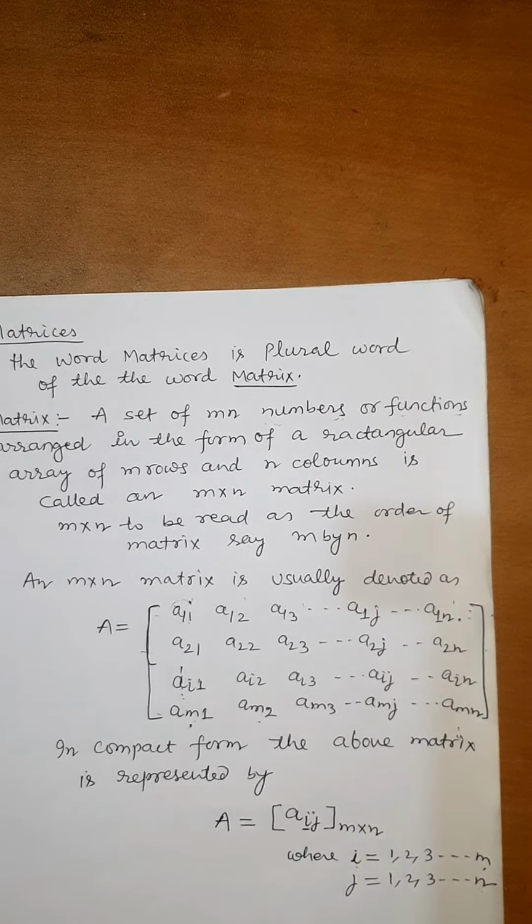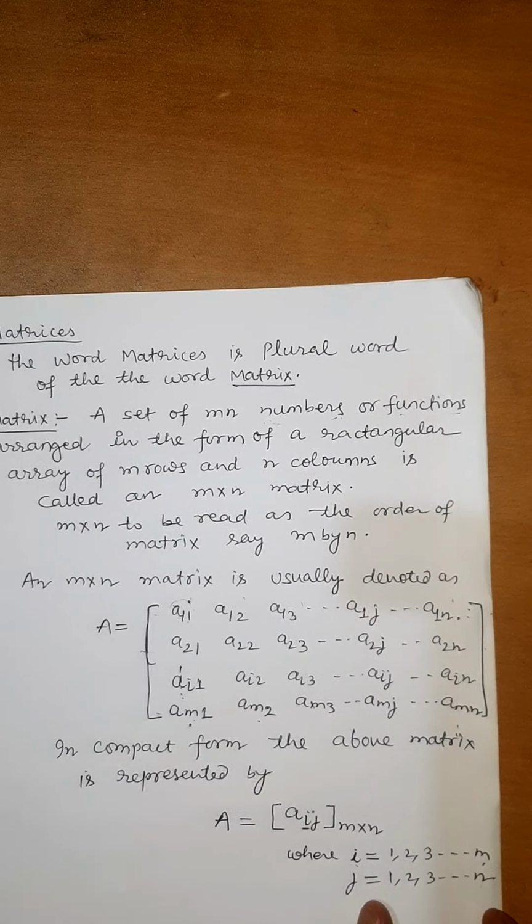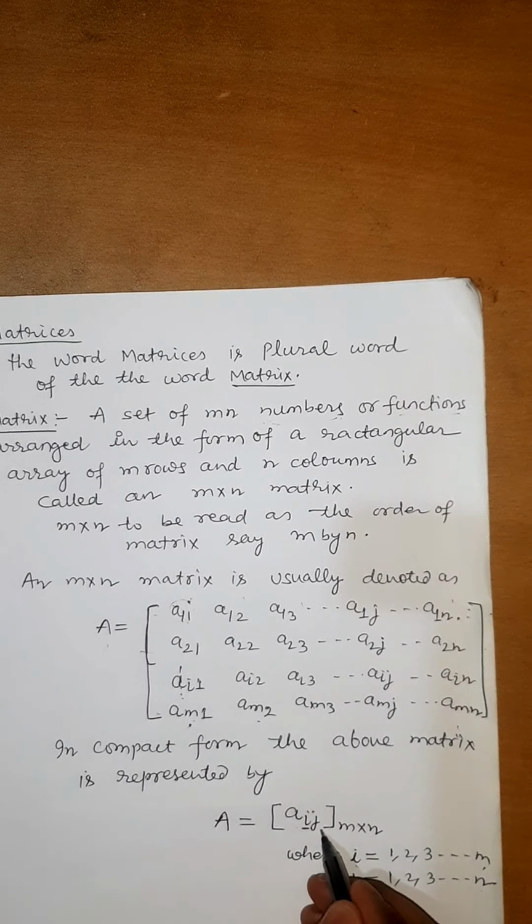So in this matrix, the total number of rows is m and the total number of columns is n. And i represents the rows and j represents the columns. So simply this rectangular array is denoted by the symbol Aij of order m cross n.